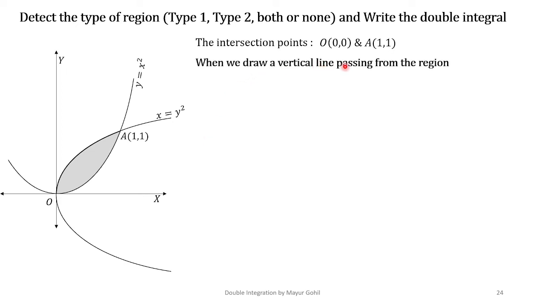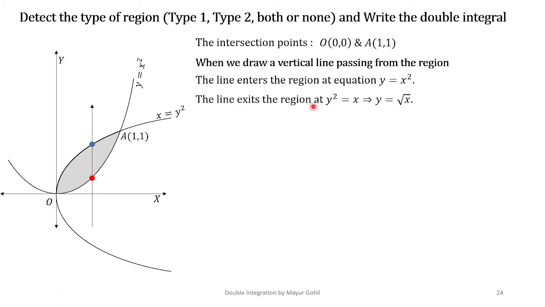We draw a vertical line passing across the region because we want to check whether it is a type 1 region or not. When I draw a vertical line passing across the region, what do I observe? The line is entering at y equals x square, that is the equation of the parabola over here, and the line is exiting the region at x equals y square.